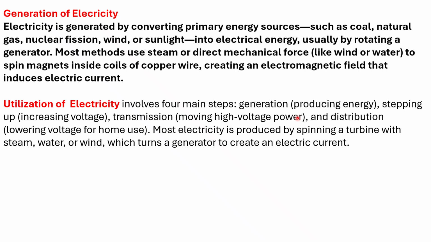A conductor may be copper or aluminum. And distribution, lowering voltage through a transformer for home or office use. Most electricity is produced by spinning a turbine with steam, water or wind, which turns a generator to create an electric current.